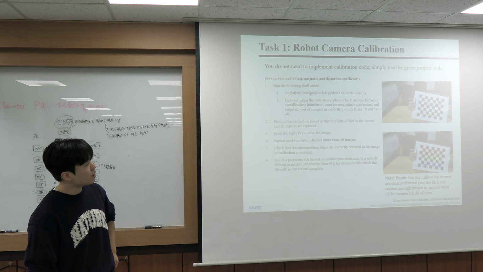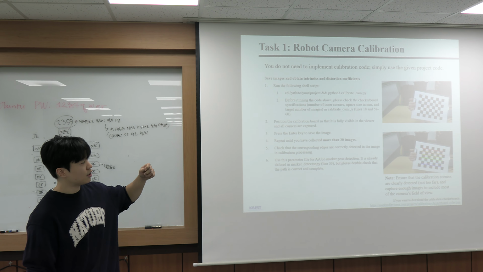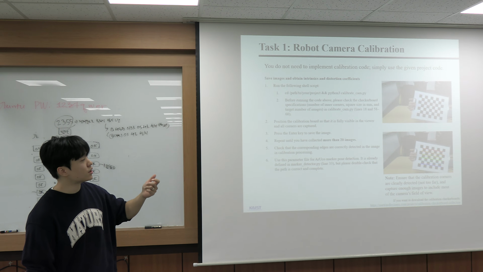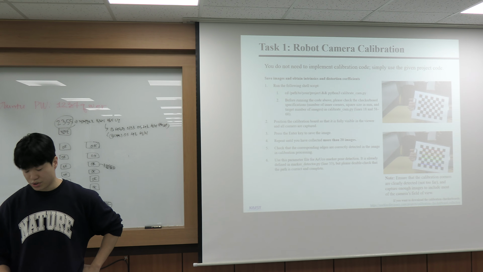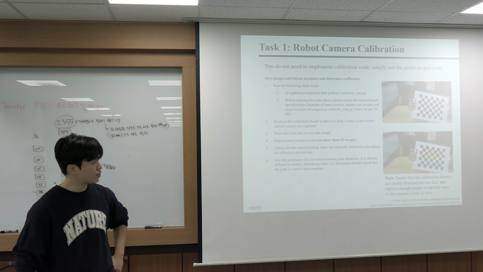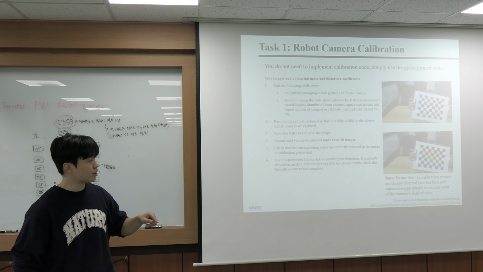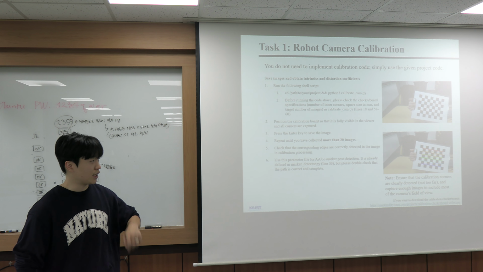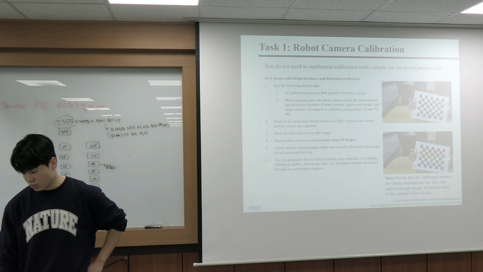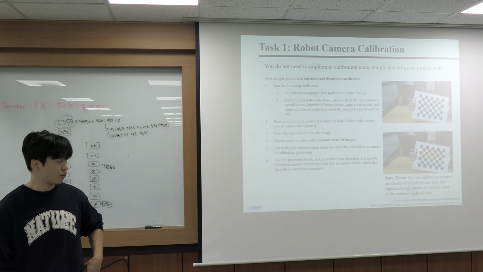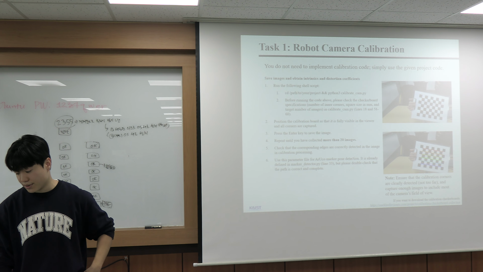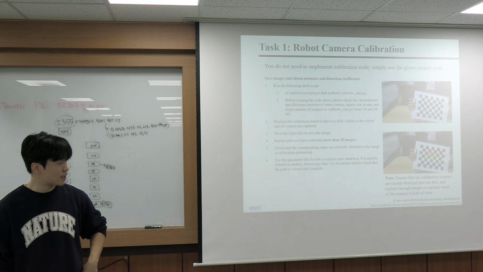But before you run it, you have to check that the checkerboard setting in the code matches your own checkerboard, and then you position the checkerboard in front of the camera, and then press enter to save the image. You will need to capture more than 20 images, covering the whole field of view. And after the calibration is done, the intrinsic and distortion parameters will be saved.